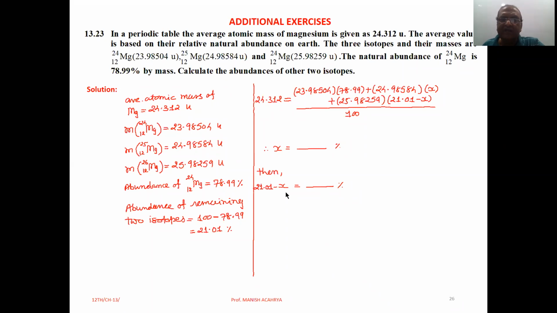So now we can write 24.312 is equal to, for 12Mg24, the mass 23.98504, and it is 78.99%. So into 78.99.